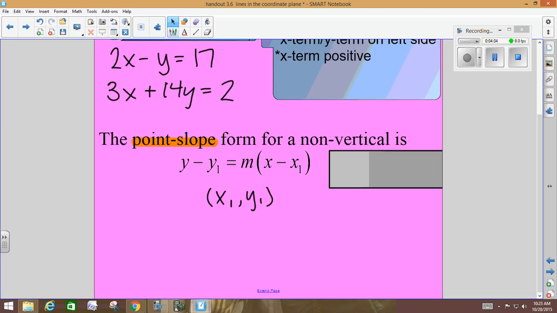Point-slope form. What would be the slope of that line? 2, because that's where the m is. And then that plus 2 and whatever is back there, minus 1, that's a point on the line. Okay? All right, so we're going to be able to recognize them today as well as graph them.